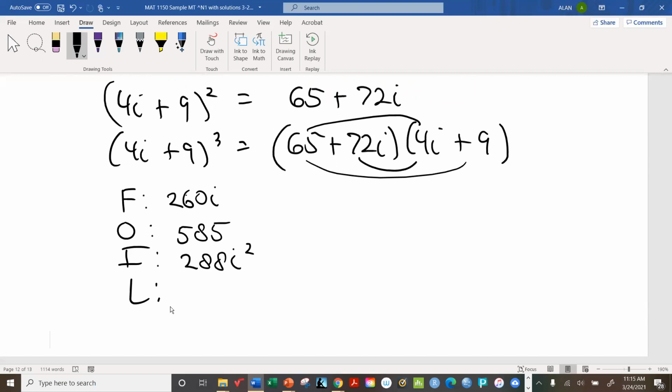And then last would be 648i. All right. So, man, those are some challenging ones. 72 times, yeah. Okay. So now we'll bring them together.